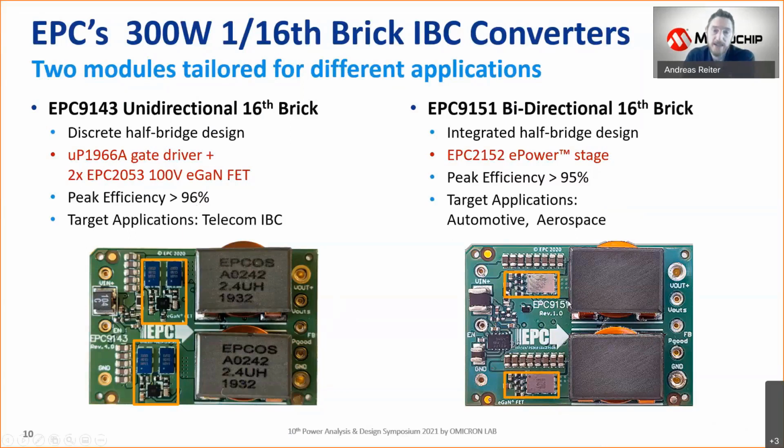But as we're staying in classical form factors like 16th brick, there's very little point. If you cannot really make a huge difference, then we just use this space to get rid of the heat and to spread the heat over the not very big board space that is available anyway.